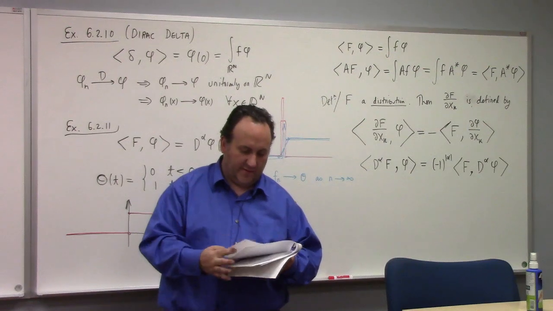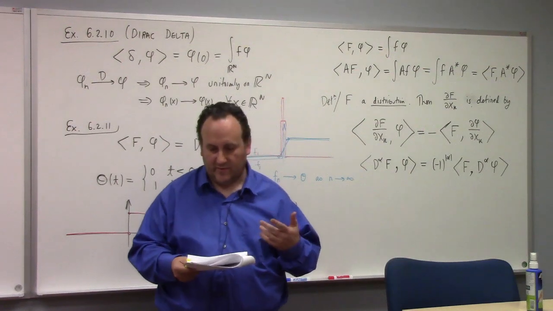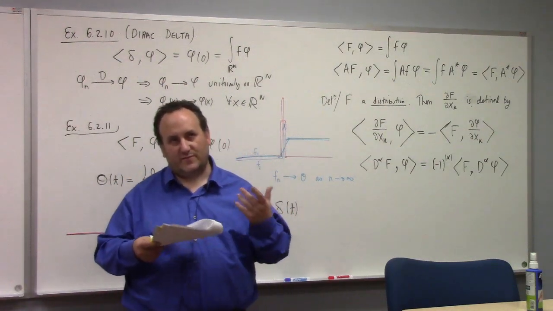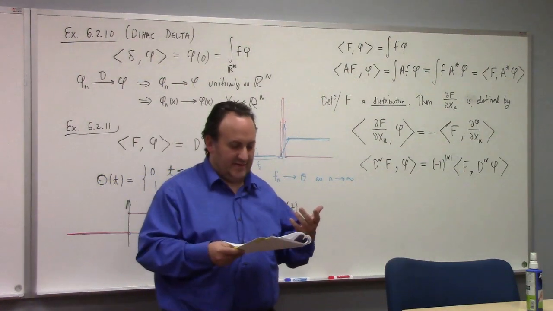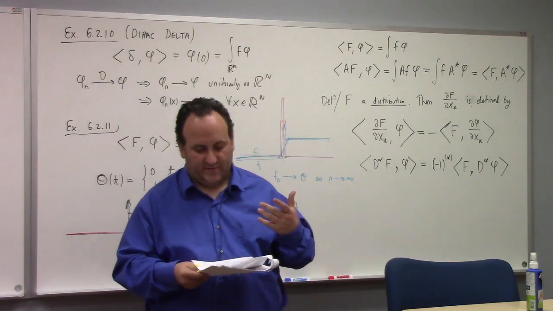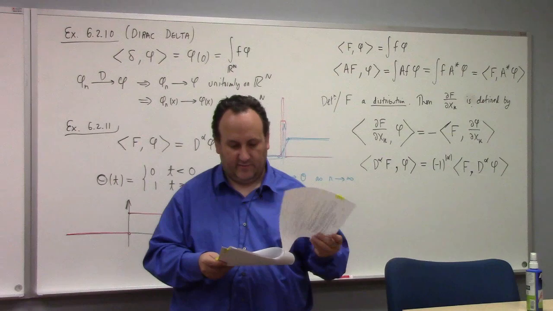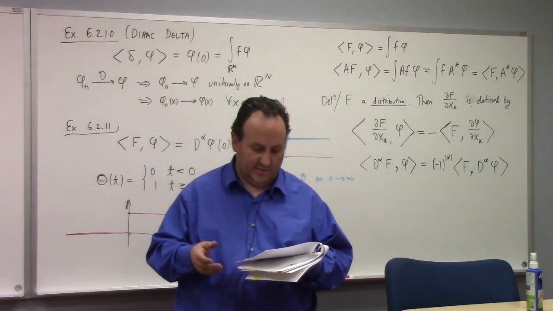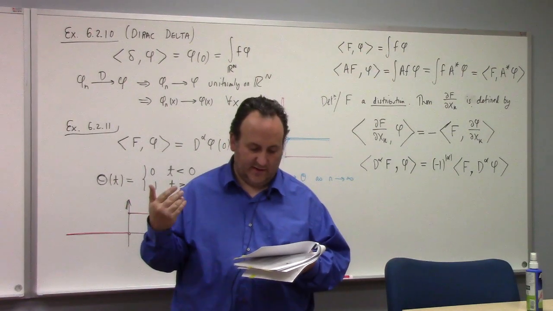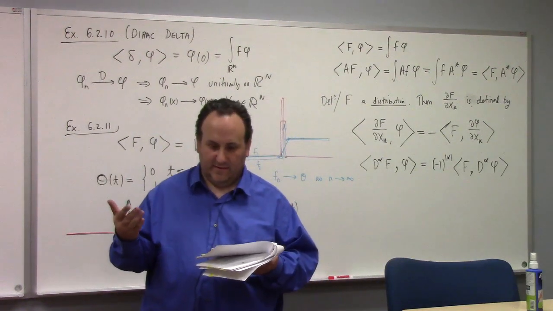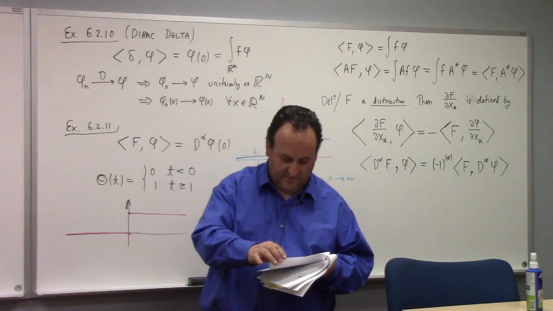And then he proves that the distributional derivative of a sequence of distributions is the derivative of the limit of the distribution. And then he does antiderivative. And then he has theorem 6.22, which says that if the distributional derivative is 0, then f is in fact a constant function.